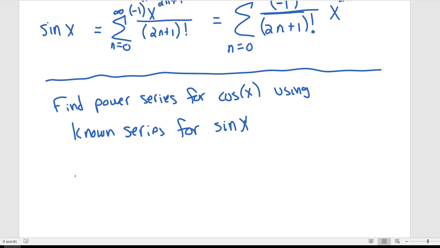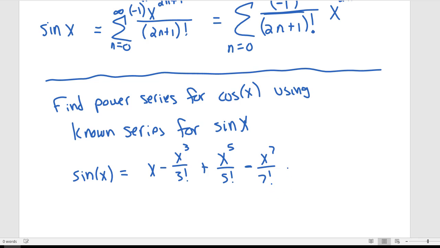So let's write out the series for sine. I have sine of x is, I'm going to write out the first couple terms, x minus x cubed over 3 factorial plus x to the 5th over 5 factorial, minus x to the 7th over 7 factorial plus blah, blah, blah.